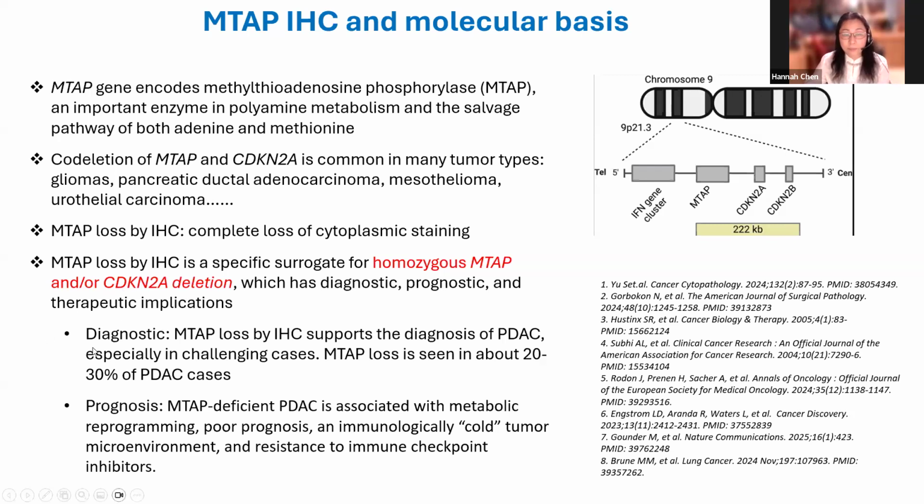For the diagnostic implication, MTAP loss by IHC supports the diagnosis of pancreatic ductal adenocarcinoma, especially in challenging cases. MTAP loss is seen in about 20 to 30% of PDAC cases.